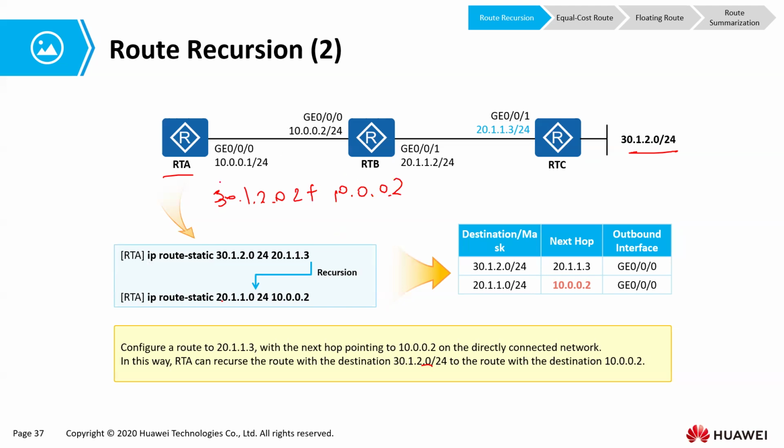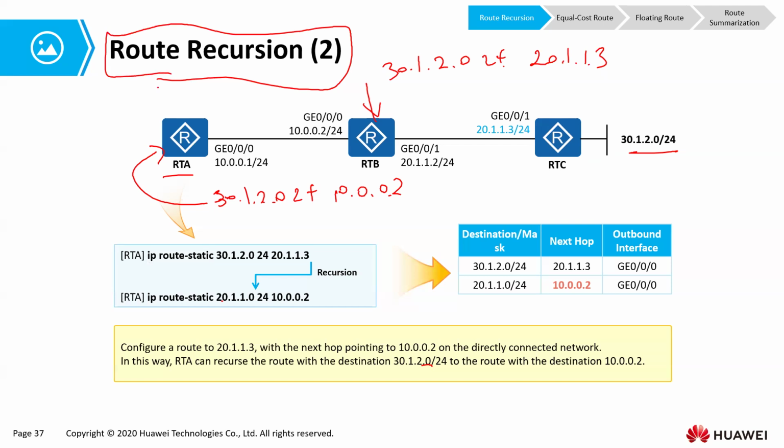Then here, this would be a static route, and then here I put another static route: 30.1.2.0/24, exit interface, 20.1.1.3. I think it makes sense. I'm not so sure what the use is.